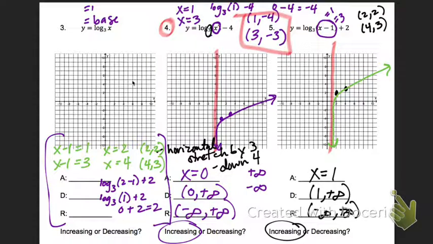So the x values that I chose were 2, because x minus 1 equals 1, move the 1 over, 2, and x minus 1 equals 3, 4. Now, when I have log of 1, that just becomes 0. So 0 plus 2 gives me 2. When I have log of 3, it becomes 1. 1 plus 2 is 3. So that's how I got the 2 and the 3.